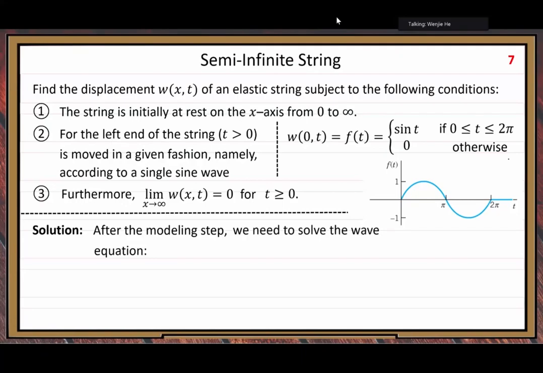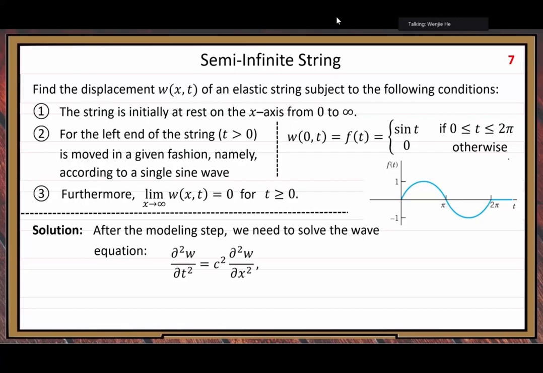We need to solve the wave equation, the special type of PDE called the wave equation. Heat equation, wave equation. Here we consider the wave equation. This spring system corresponds to the wave equation.